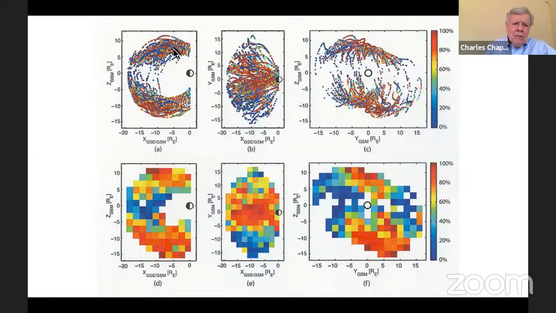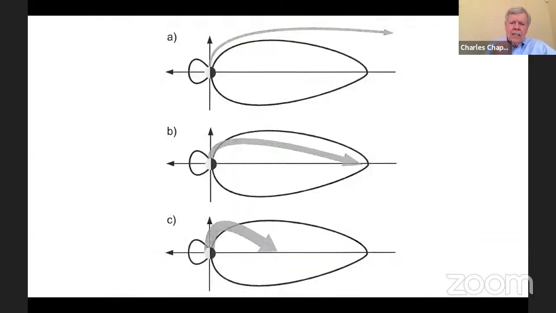That's looking from the side. If you look down from the top, you see the red parts of orbits are in the center part of the tail. And if you look from behind the Earth toward the sun, you can see that the center part of the tail is where the flowing polar wind is. So it's there and it's important, and it's filling the lobes almost all of the time.